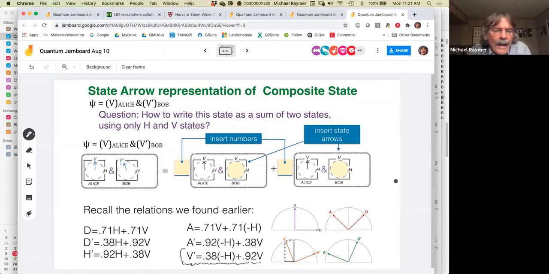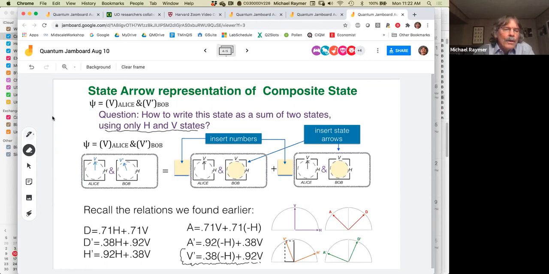Notice that Alice's state is V, and it's always V. It's V on all three boxes. So what I said was using only the H and V states. So this little arrow that was just drawn, I'm going to erase it. Sorry, trying to be efficient here.